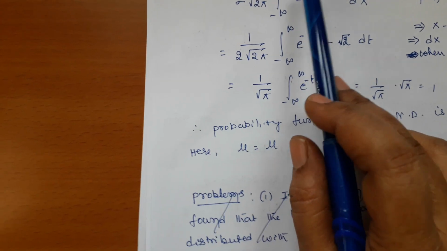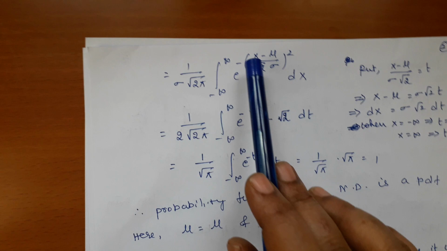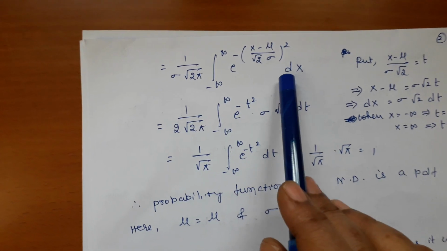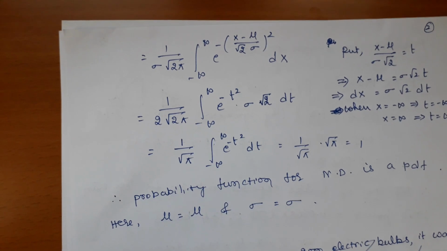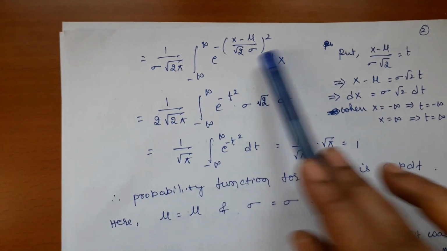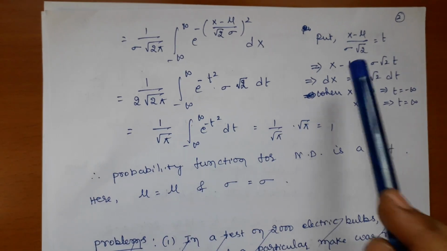I'll take 1 by 2 outside; 1 by 2 is also inside the square. Therefore, what we get is root 2 whole square, x minus mu by root 2 into sigma whole square. Then I put (x minus mu) by (root 2 into sigma) equal to a new variable t. Everyone knows how to take a substitution.